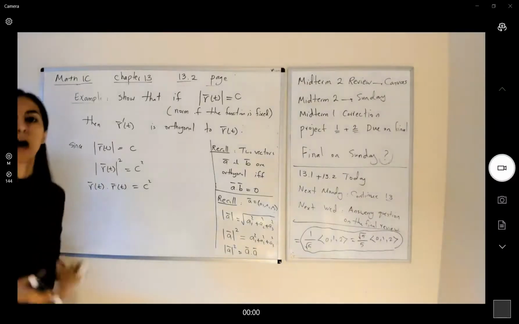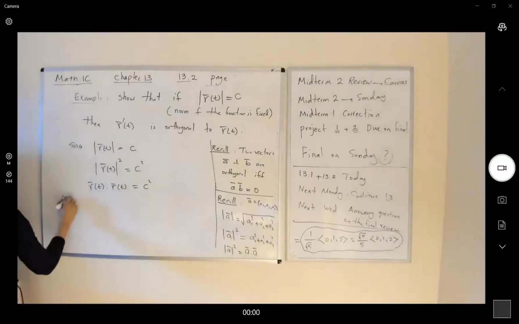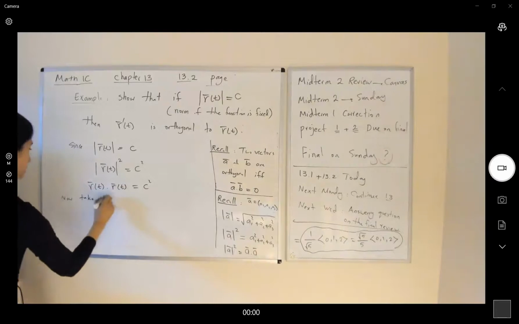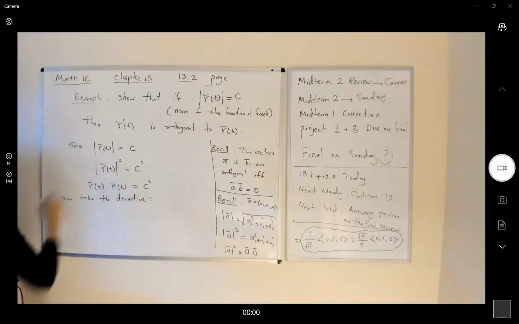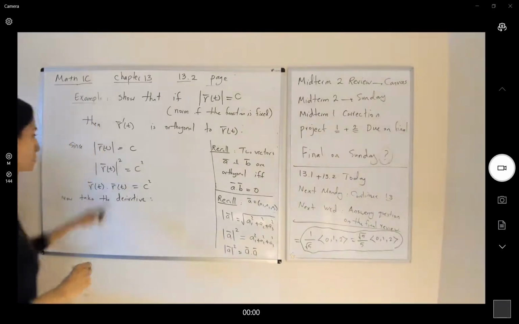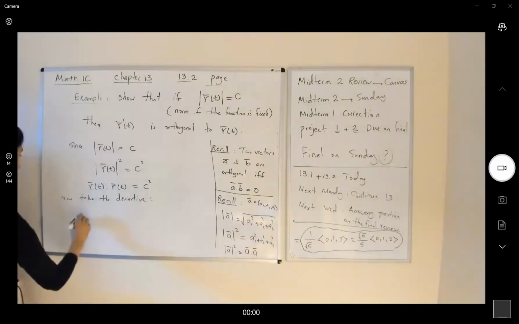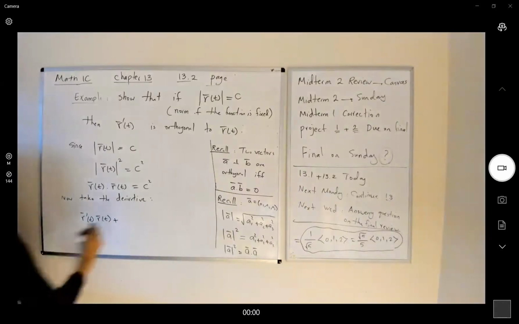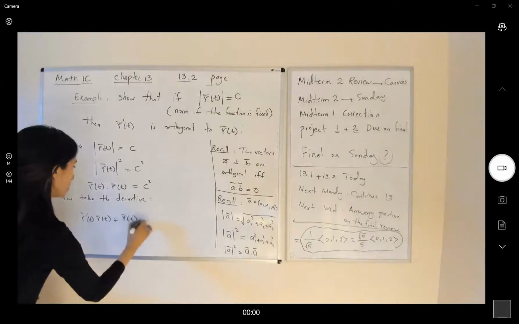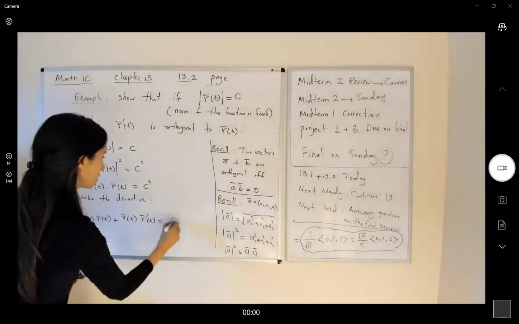Now what I'm going to do is take the derivative of both sides. Since I have the dot product multiplication, I'm going to apply the product rule. So the derivative of R times R, plus R times the derivative of R, and the derivative of a constant is always 0.